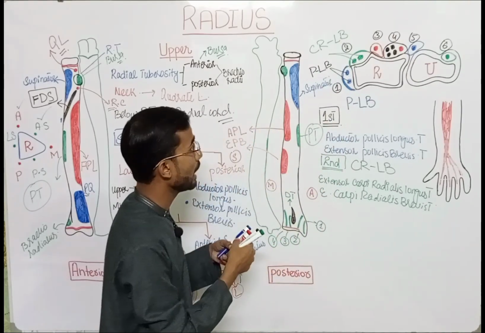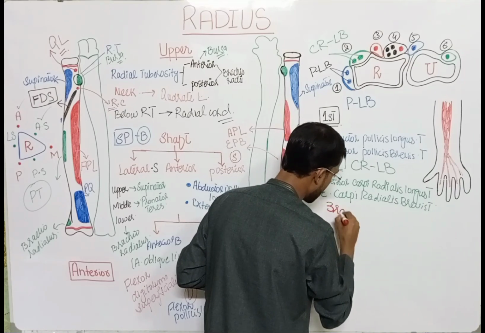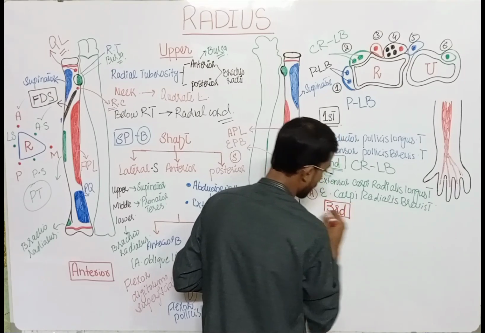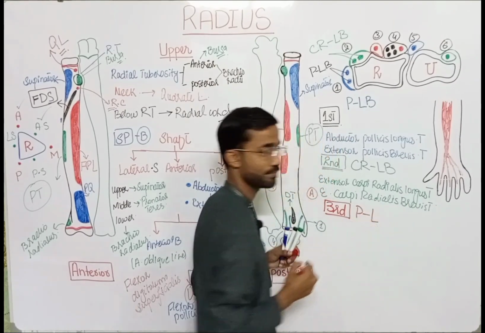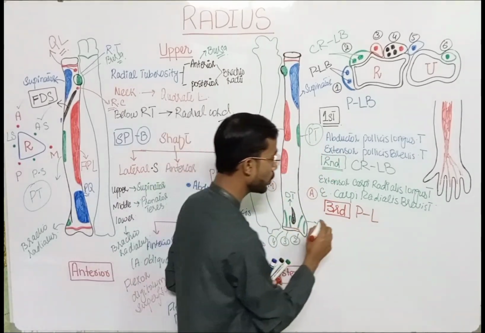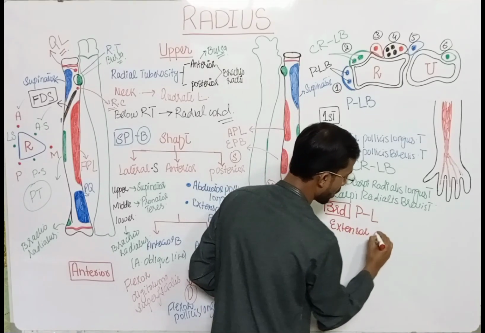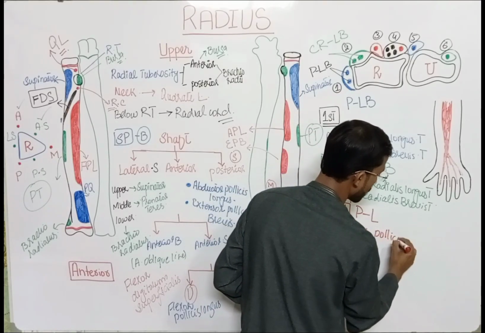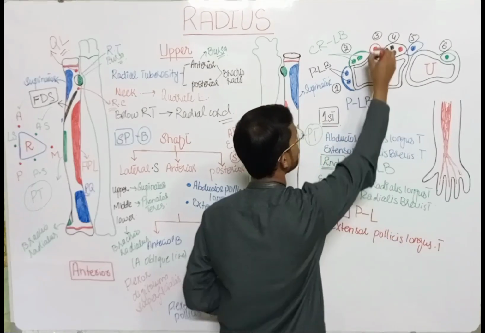Okay, now here is the third compartment, actually for the EPL. In this case you will see the extensor pollicis longus tendon actually pass here.